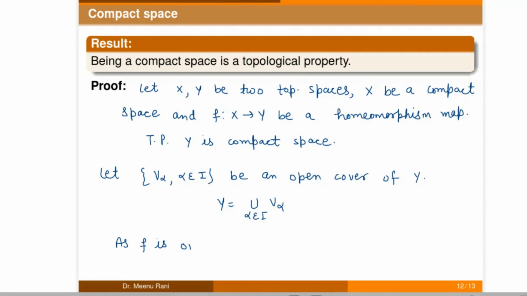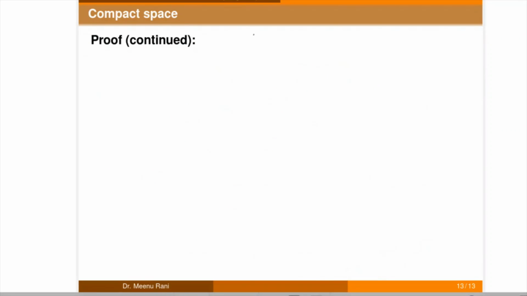As f is onto, then we can write f inverse of y is equal to f inverse of the union of v alphas. So it is x, so x is equal to f inverse of the union of all v alphas. So this can be further written as x is equal to the union of f inverse of v alpha.